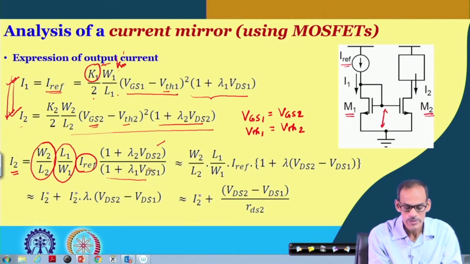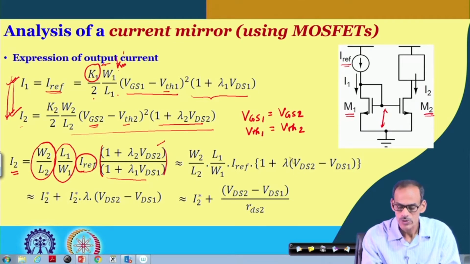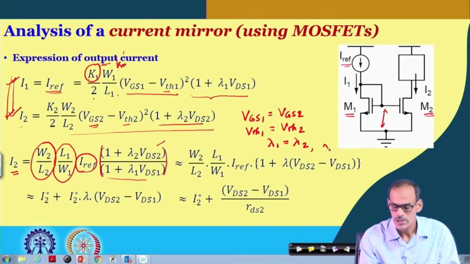Now, we can approximate this part in terms of 1 plus lambda into the VDS difference, assuming lambda 1 equals lambda 2 equals lambda, and ignoring the second order term associated with lambda.